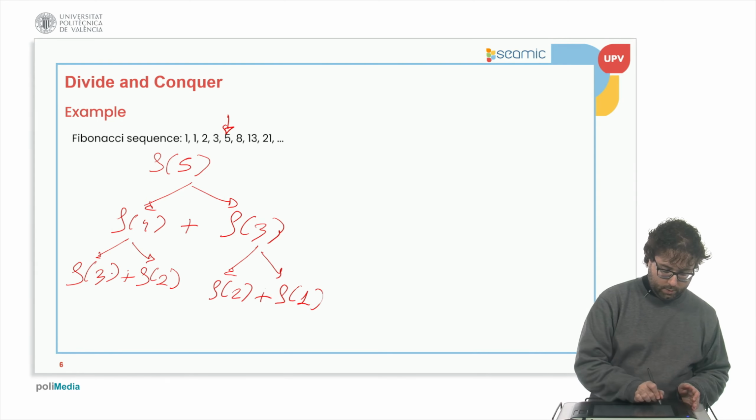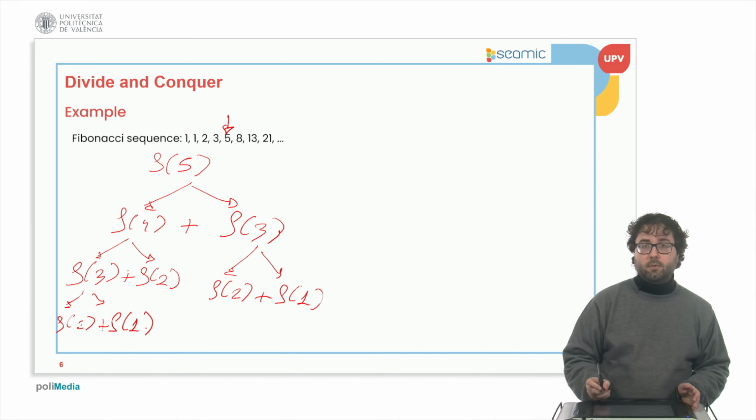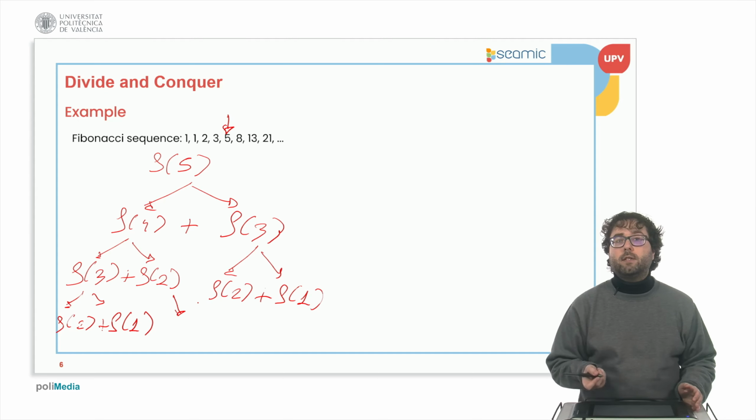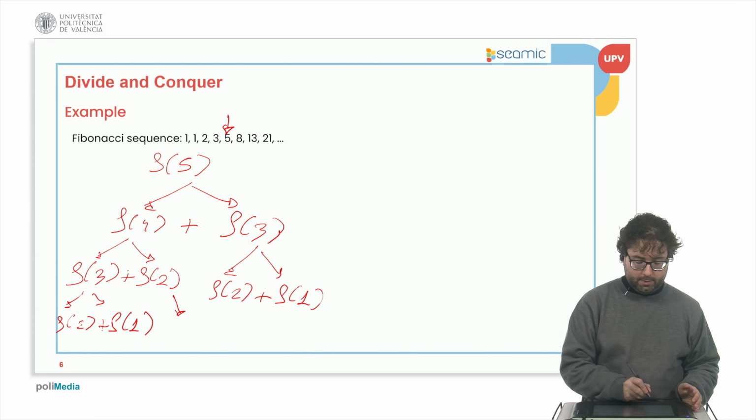And now here, the same. Position 2 is position 1 plus position 0... here, as we have already established, this is a base case. We know this is the value 1, and the same for those two.